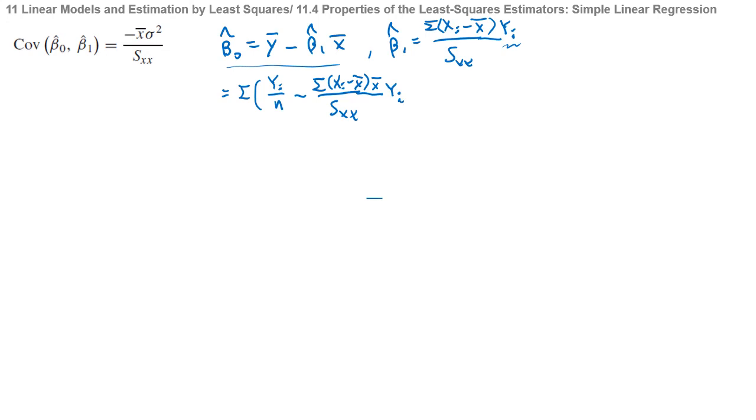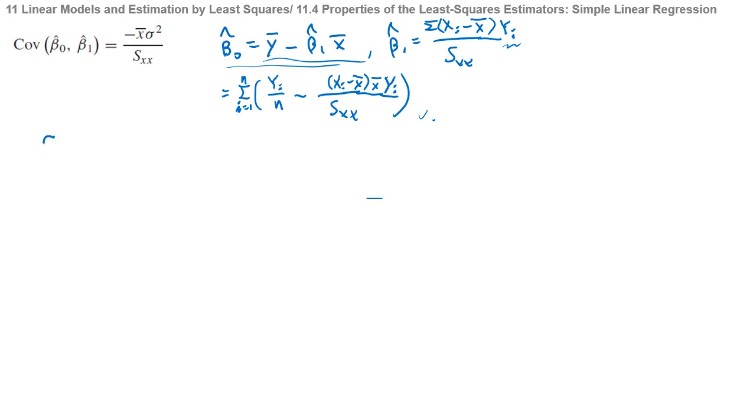So here we will move yi, the sum of i equals 1 to n. Yeah, so we can represent this thing like this. Okay, and why are we doing it?